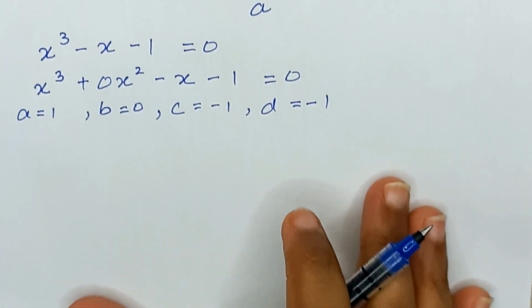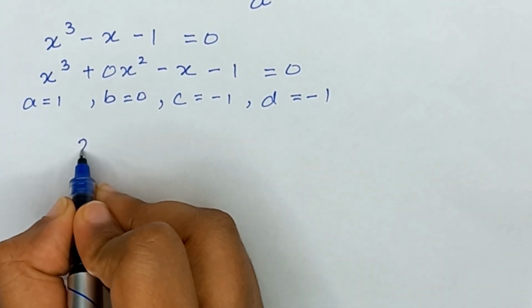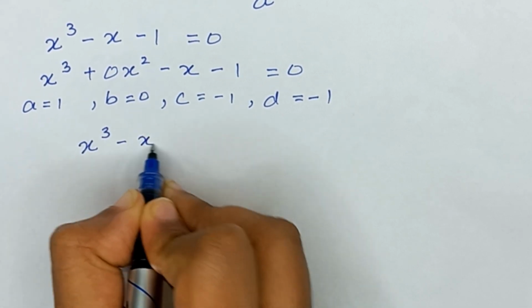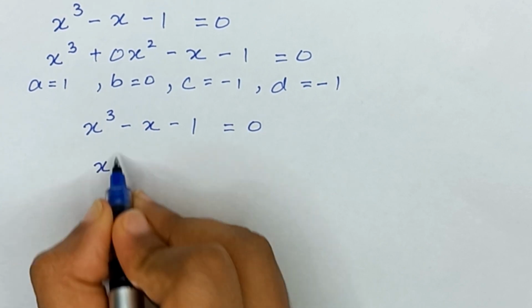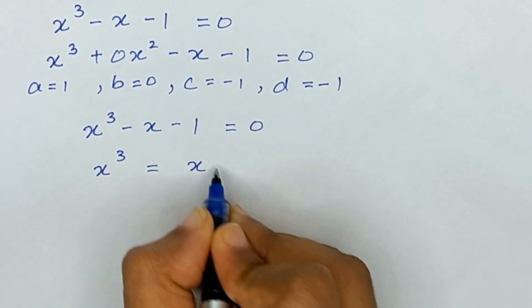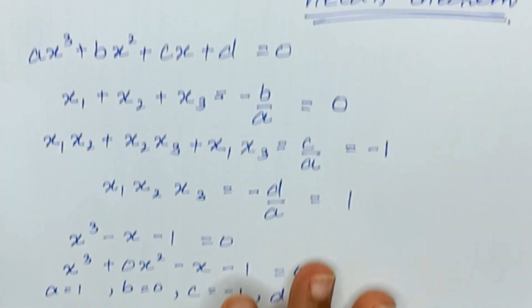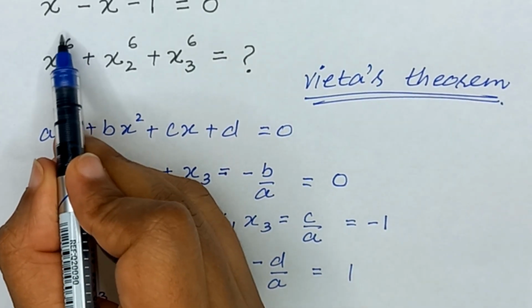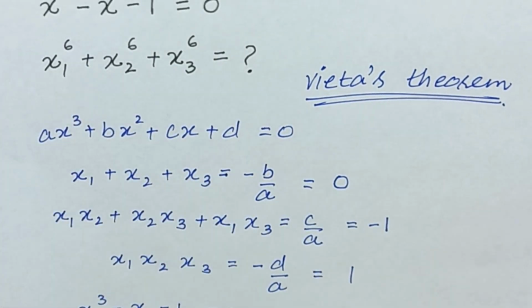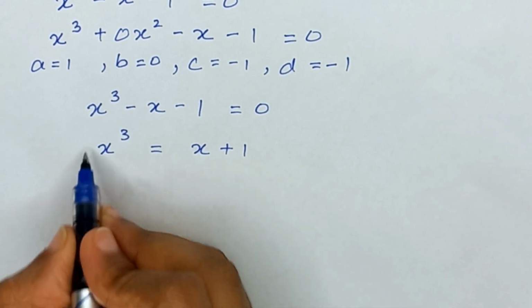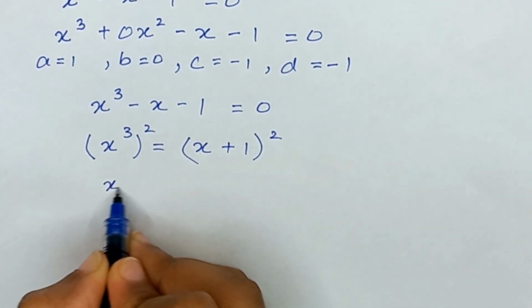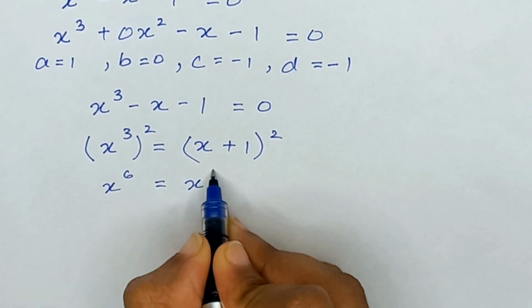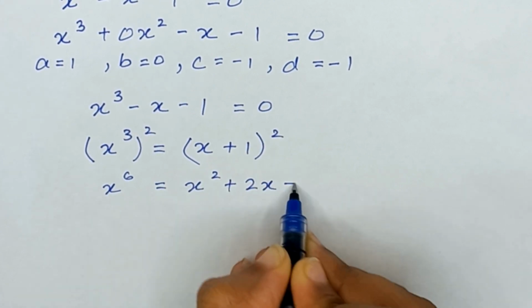We have the given equation x cube minus x minus 1 is equal to 0. I can write it as x cube is equal to x plus 1. Here you can see that I have to find x raised to the power 6, so I will square both sides. It becomes x raised to the power 6 is equal to x square plus 2x plus 1.